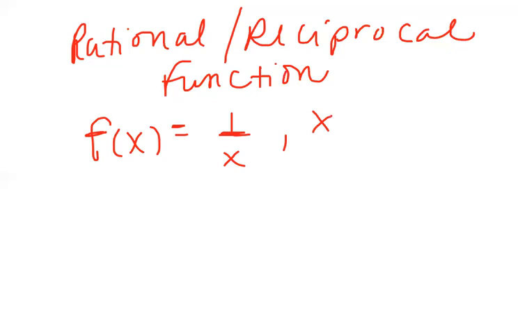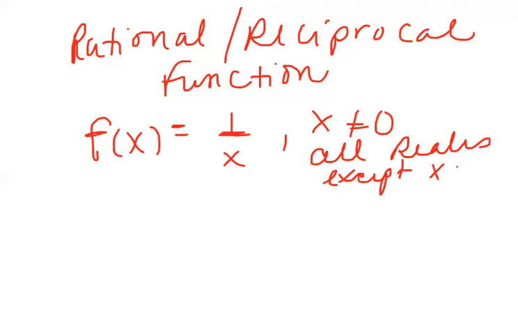What value should be excluded, because the denominator of a fraction cannot be 0. So in the case of this one, the restricted value would be 0. So you can plug in any value into this function for x except 0. So essentially, you could say the domain is all reals except x cannot equal 0.